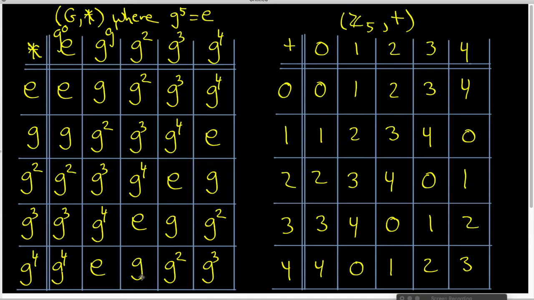So if we throw the g notation away, the tables become the same. When two groups have a Cayley table that is exactly the same in terms of the structure, but we've changed the names of the elements, the groups are said to be isomorphic, and that's an idea that I want to get written down.